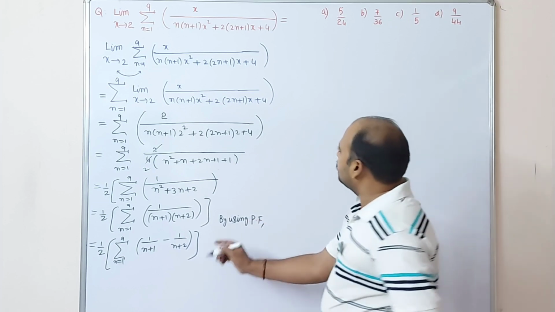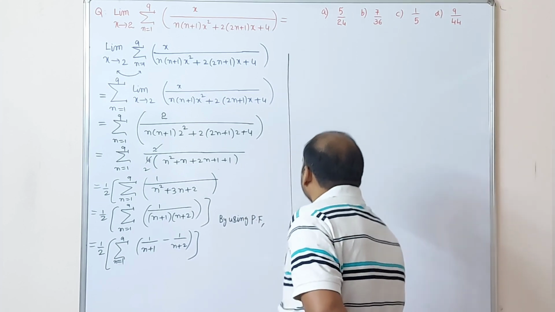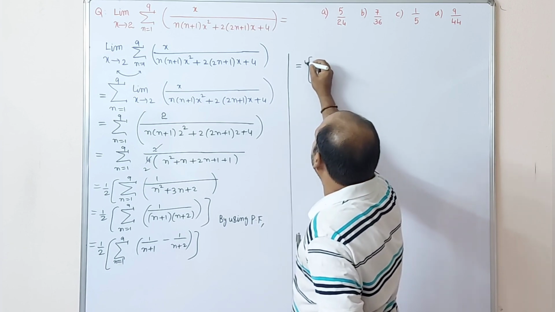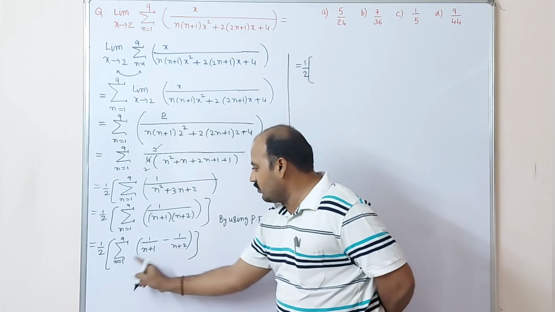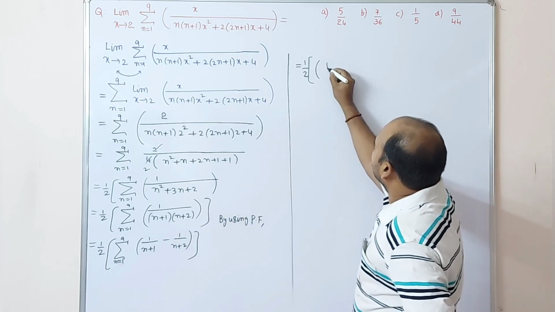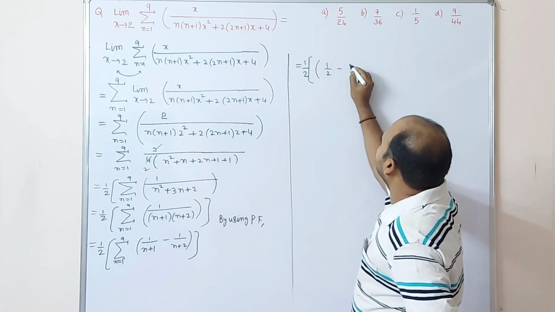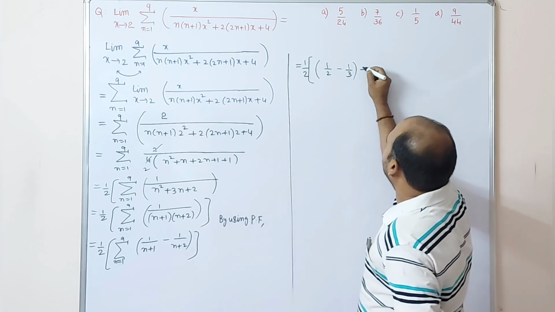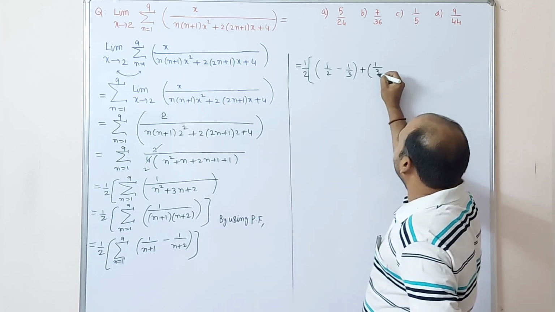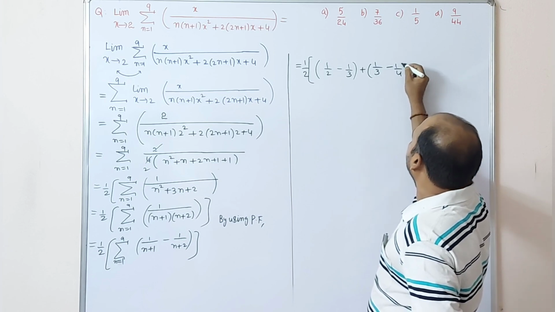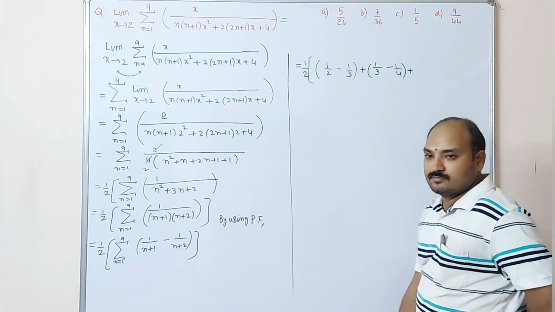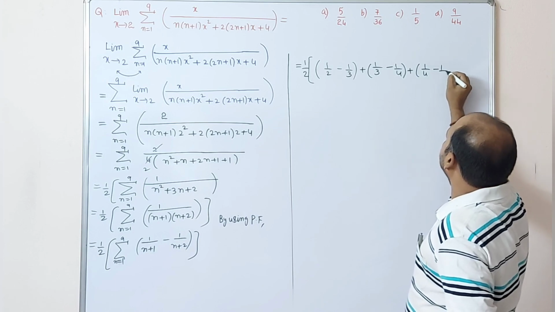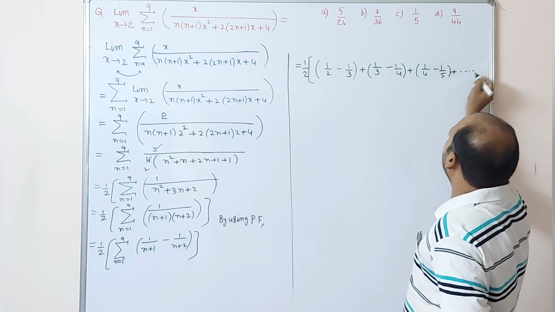So now n is equal to 1, substitute. So first bracket, already 1 by 2 is there. N is equal to 1 if we substitute, 1 by 1 plus 1 minus 1 by 3. So next n is equal to 2, substitute, plus 1 by 3 minus 1 by 4, plus n is equal to 3, substitute, 1 by 4 minus 1 by 5, plus and so on.